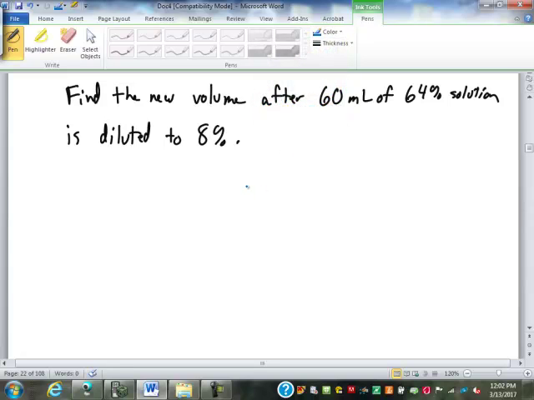So again, on the before side, we have 60 milliliters of 64%. So 64% times 60 milliliters. On the after side, this time we know the percent. We know the concentration is 8%. We are looking for the volume, volume 2, V2.